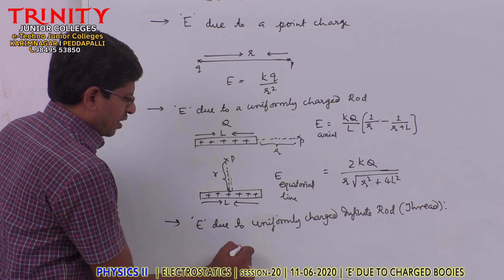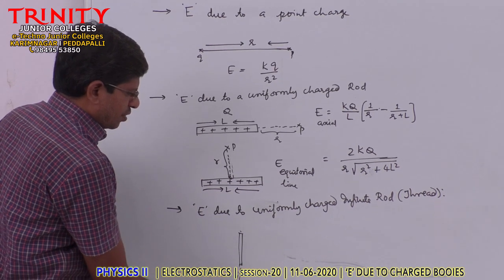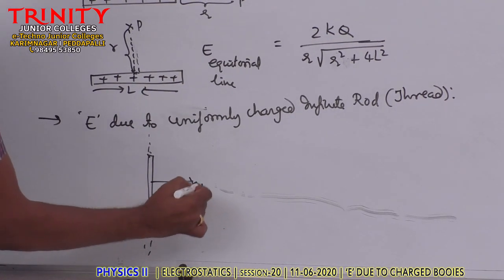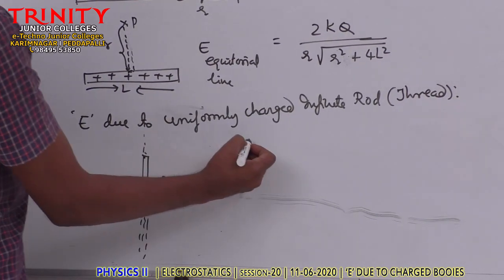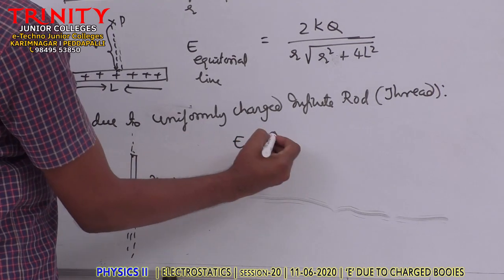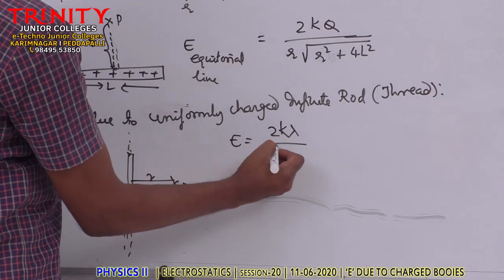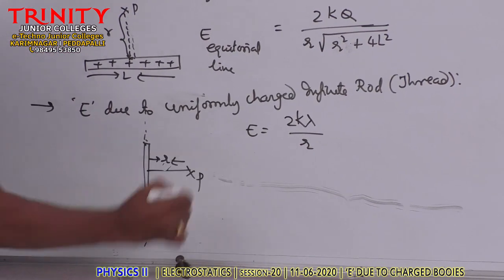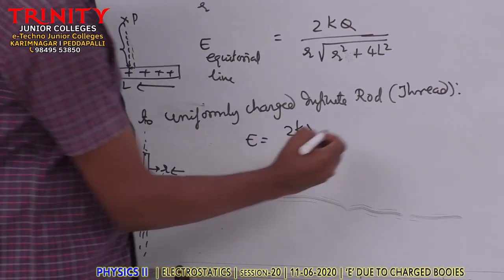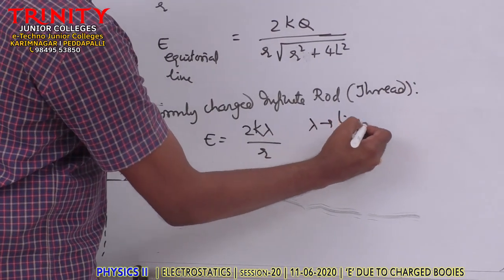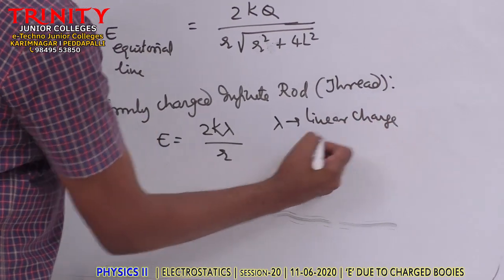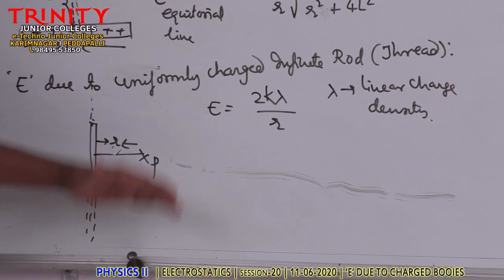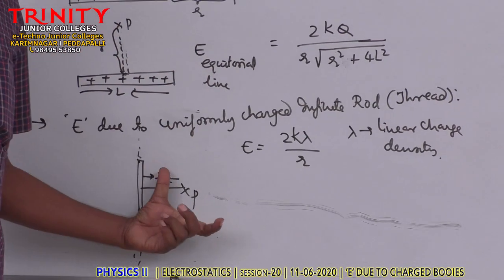The length goes on extending to infinity in either direction, and at a perpendicular point at a distance r, we got some formula like this. Here r is the distance, and lambda was the linear charge density, that means charge per unit length. So these derivations we made, and these are the synopses of those derivations.